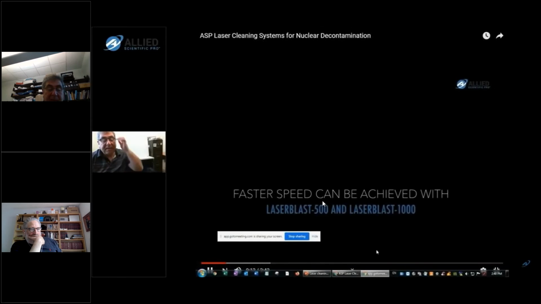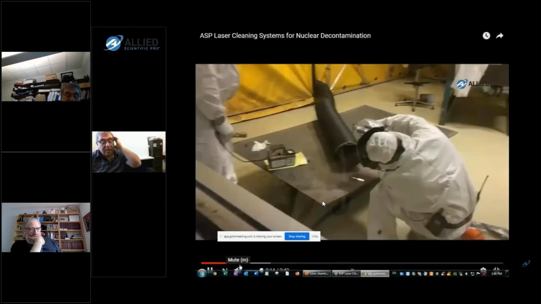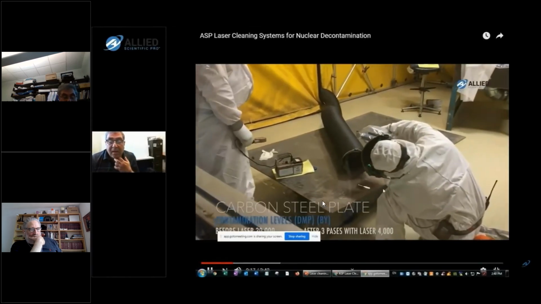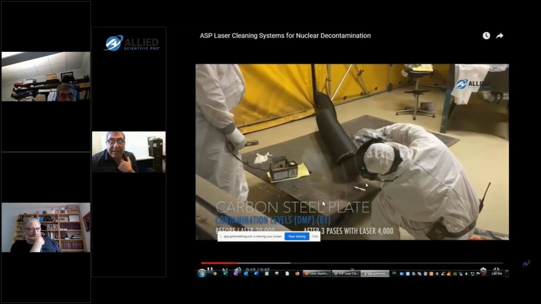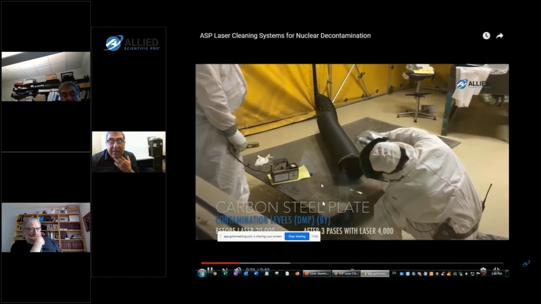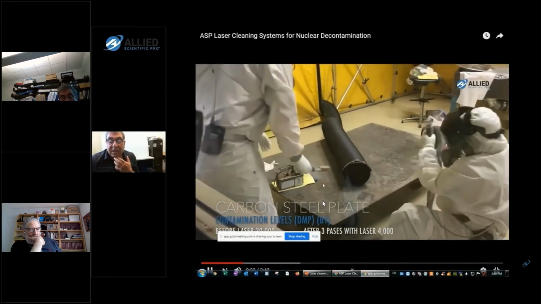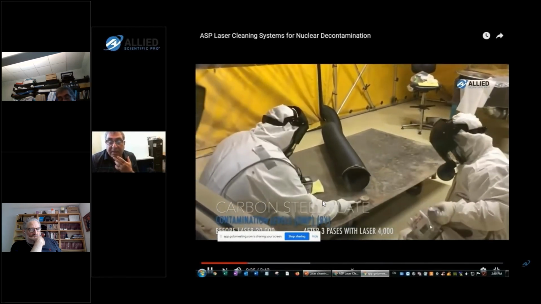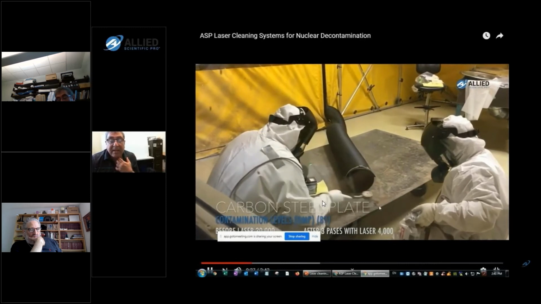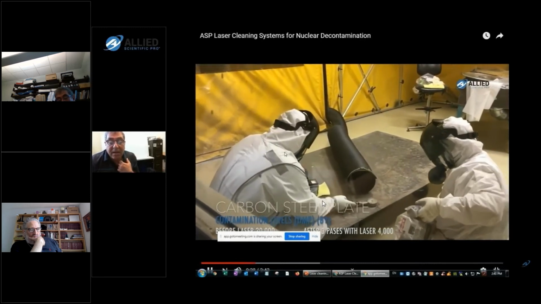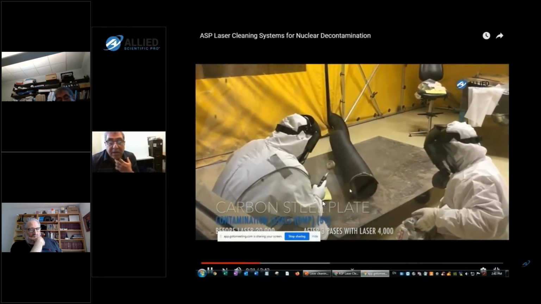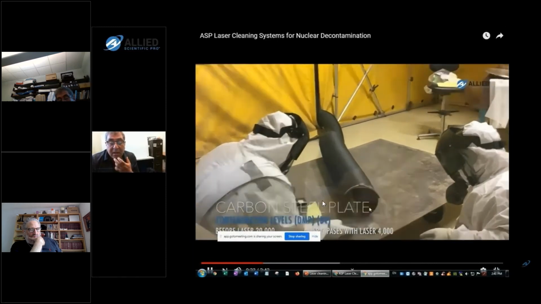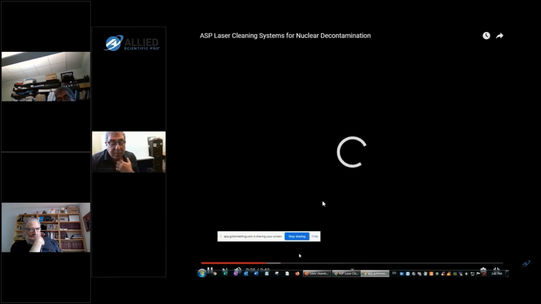So 100 watt system. So here the metal is being cleaned, the metal plate. The engineer technician is cleaning it with our laser cleaner, 100-watt system, and the radiation technician is measuring the disintegrations per minute.